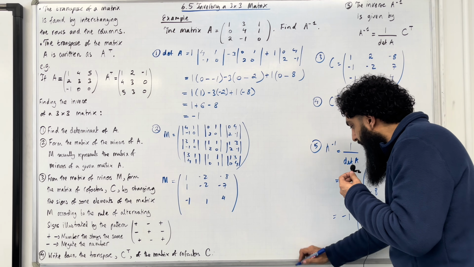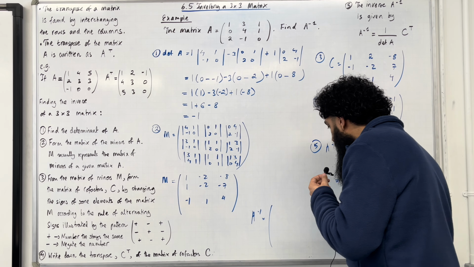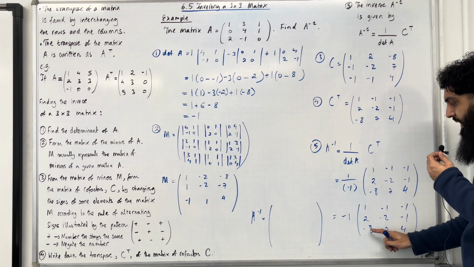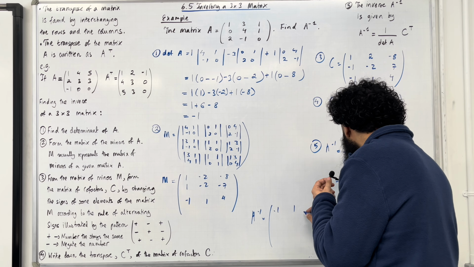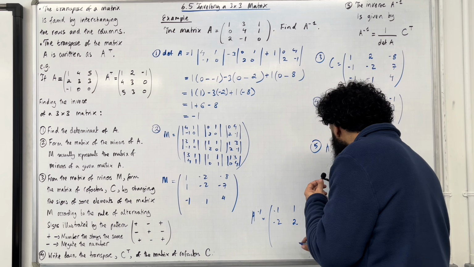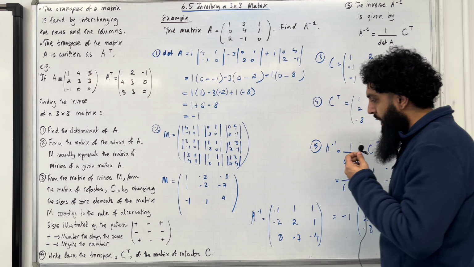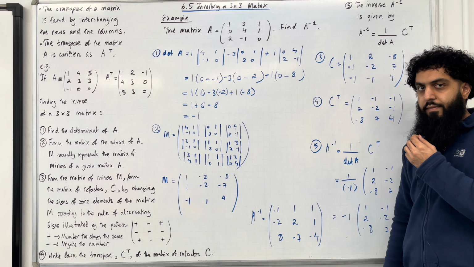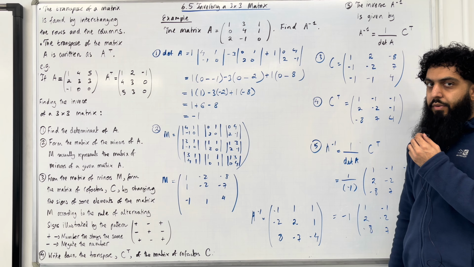Okay, so now I can get my A inverse. Simply multiply each of these entries by negative 1. So I've got minus 1, 1, 1, minus 2, 2, 1, 8, minus 7, and minus 4. So that there, ladies and gents, is A inverse. This is how you calculate the inverse of a 3 by 3 matrix.